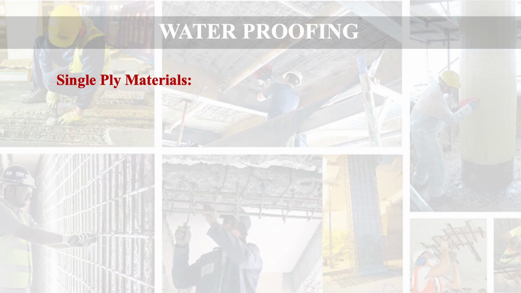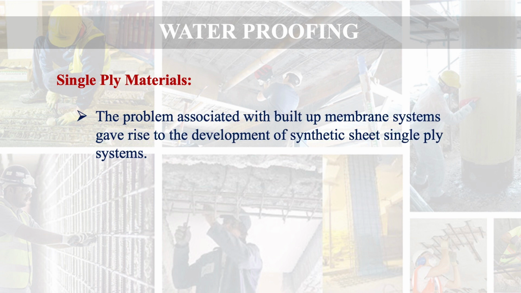Now we move to how it can be applied. What are the different ways? First is single ply materials. The problems associated with built-up membrane systems gave rise to the development of synthetic sheet single ply systems.